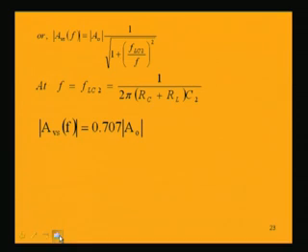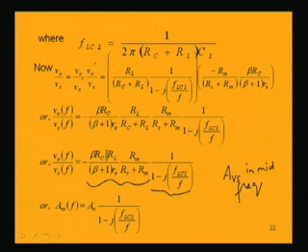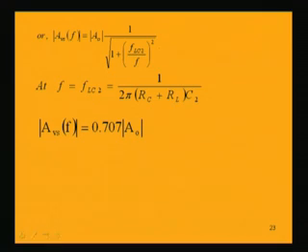Now, if we consider only the magnitude of AVSF, it is the magnitude of A naught into 1 by root over 1 plus FLC2 by F whole square, because that part is the magnitude of the complex quantity.